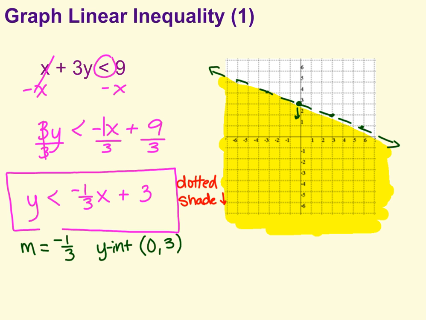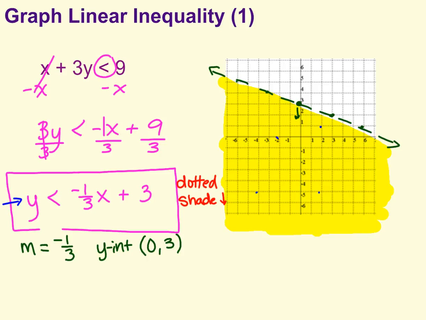So what does all this mean? Everything that we shaded, those are solutions to this inequality. You could pick any point, any of these ordered pairs. We could pick this one, or this one, this one, this one over there. Any ordered pair in the shaded region, if you plugged in the x and y coordinates to your inequality, you would end up with a true statement.